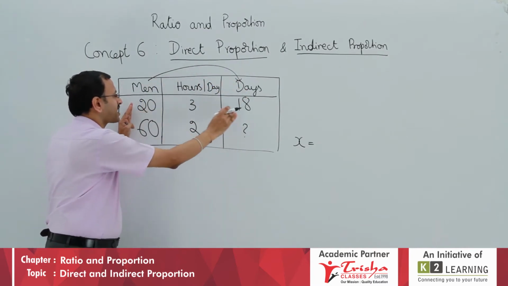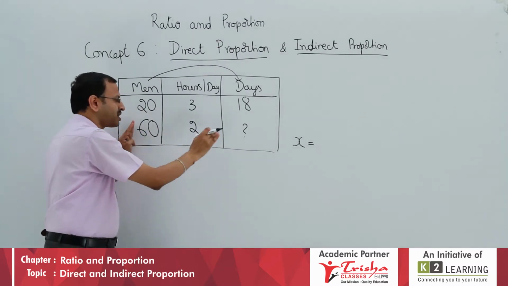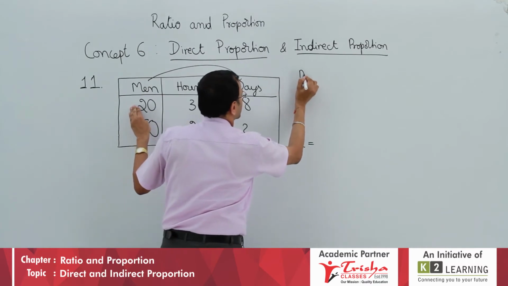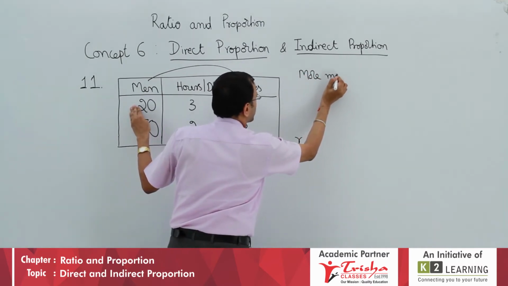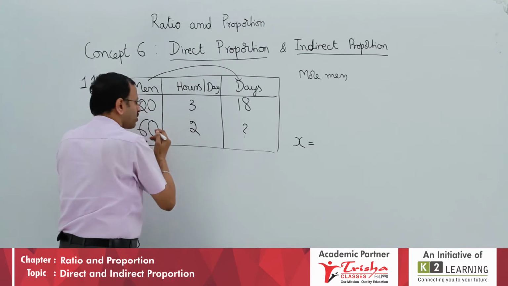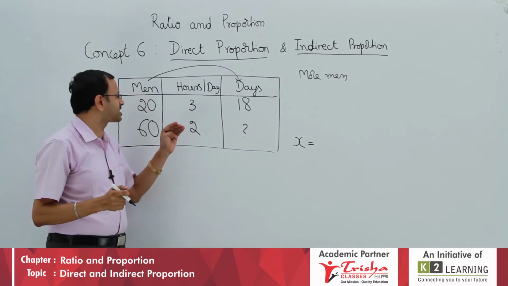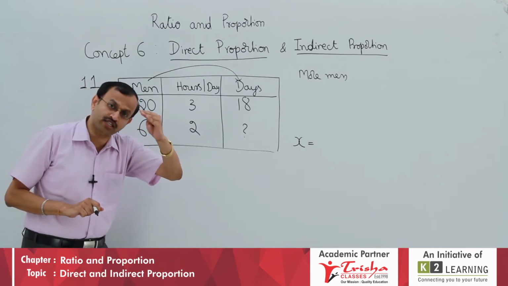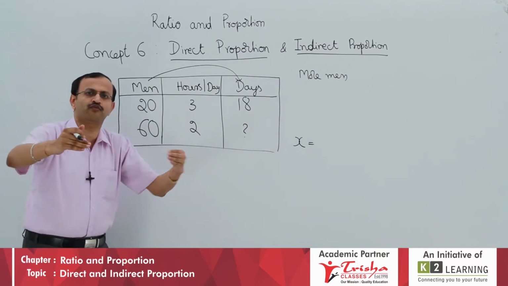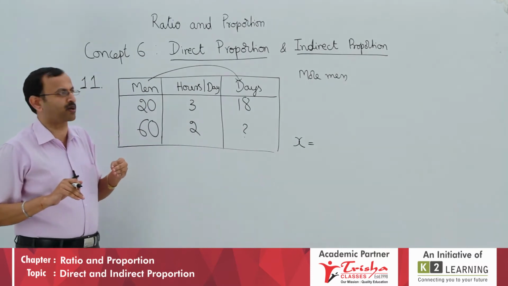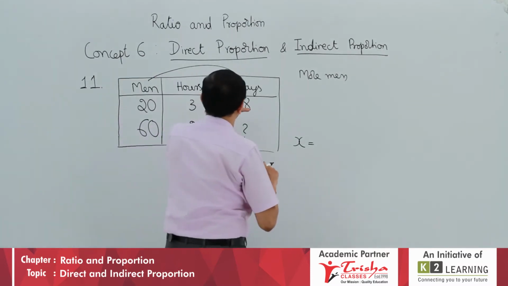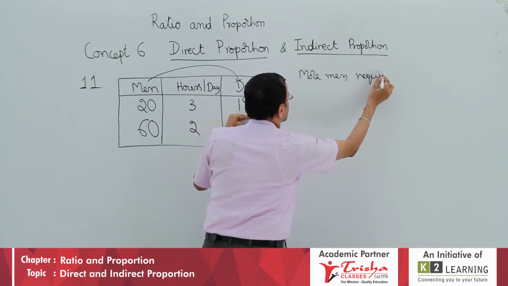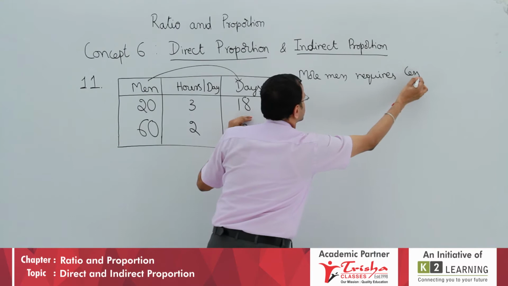Men: 20 men can do in 18 days, 60 men how many days? If I have to link, more men, the number of workers is more, whether they take more days or less days. 20 workers take 18 days, 60 workers are doing the same work. With more workers to finish it, the work will last in fewer days. So more men require less days.